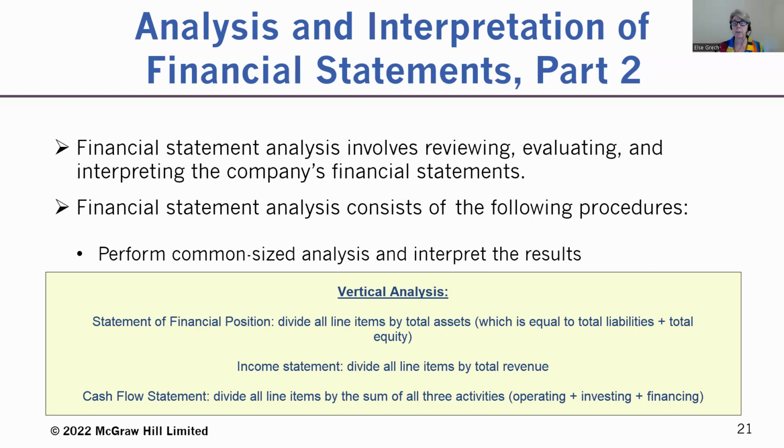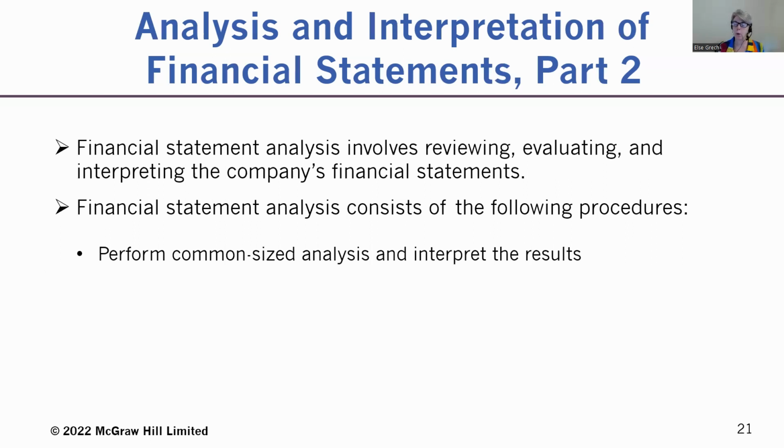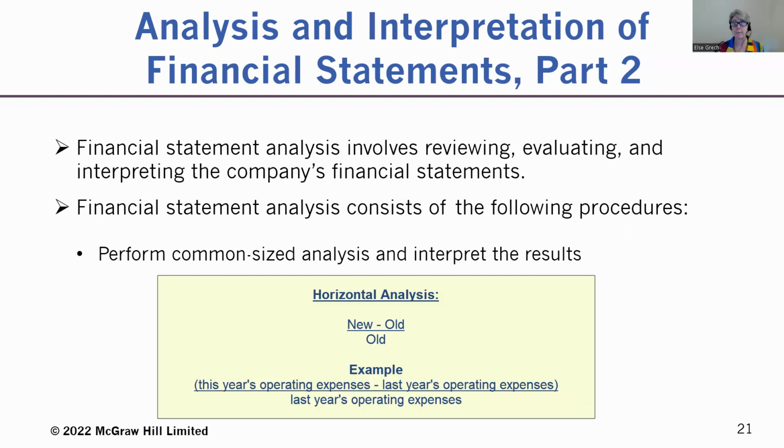That's vertical analysis. We would then also perform horizontal analysis. The best way to remember horizontal analysis is NO. That's N-O-O. So that means new minus old, all divided by old.